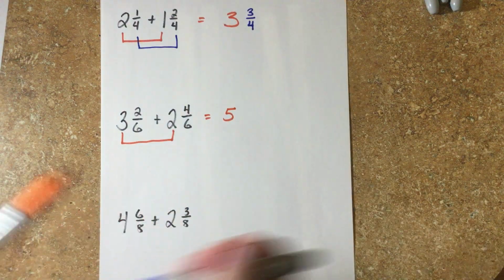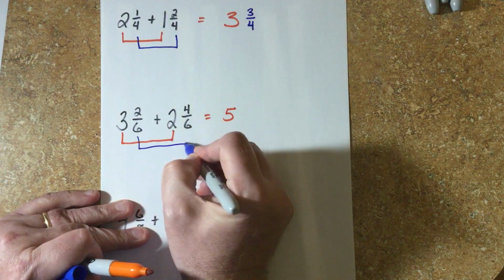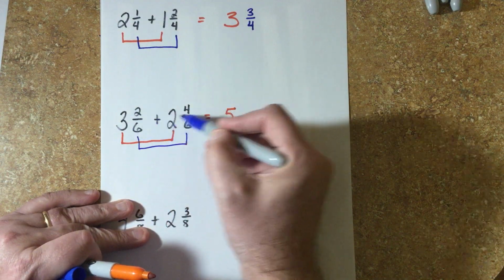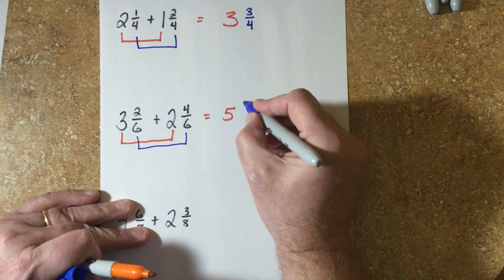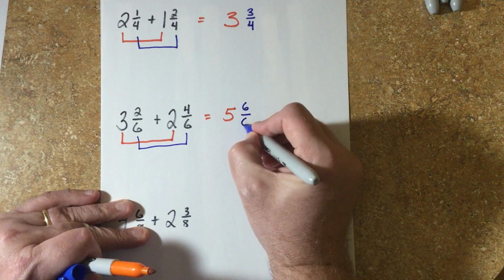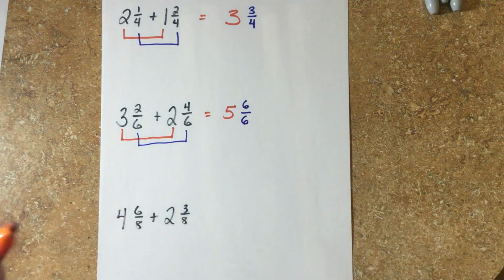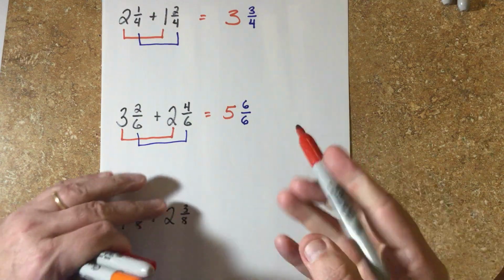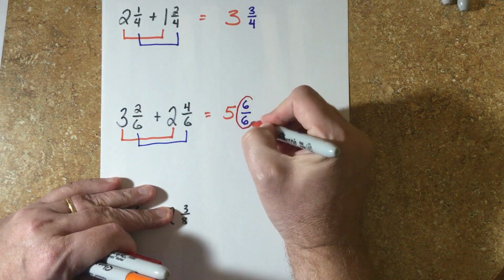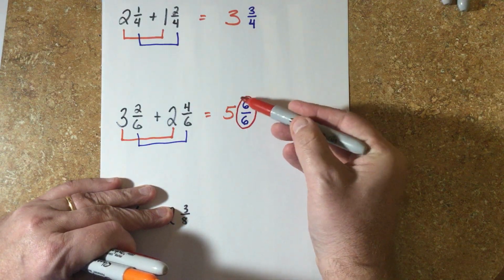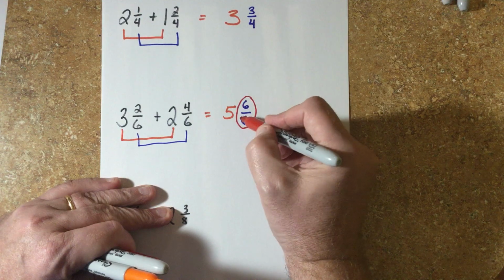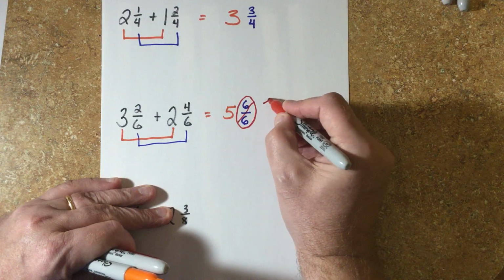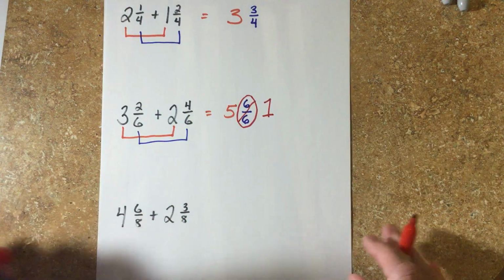And then I'm going to add the fractions. 2/6 plus 4/6 is 6/6. And hopefully you have some bells going off in your head saying, there's a problem here because we have 6/6, which we know is one whole.